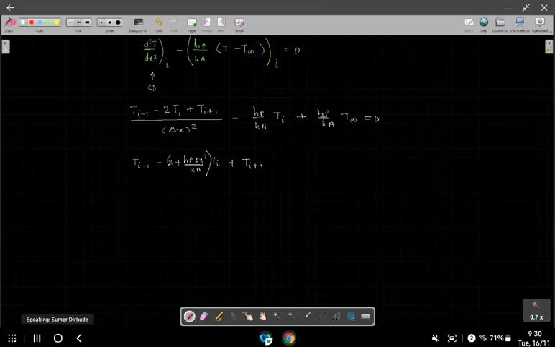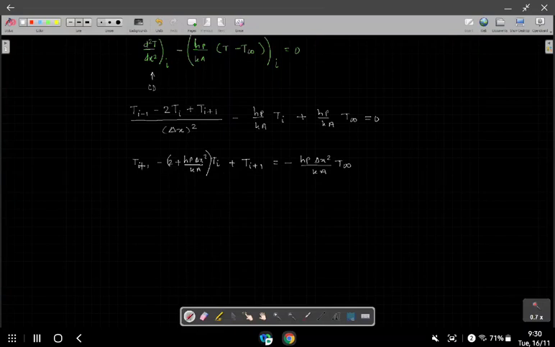And this thing is a known value. T infinity is known. It should be given. So this you can write minus hP delta x square divided by kA T infinity.